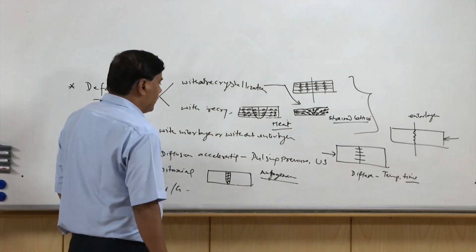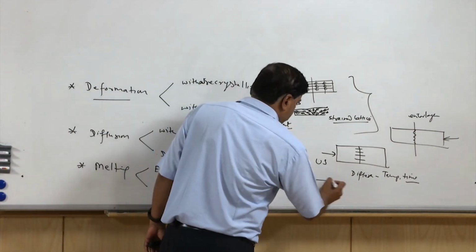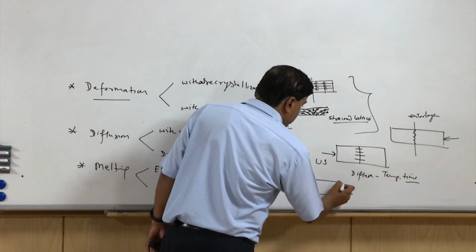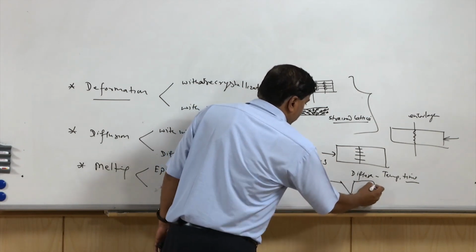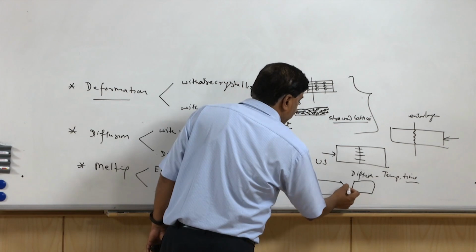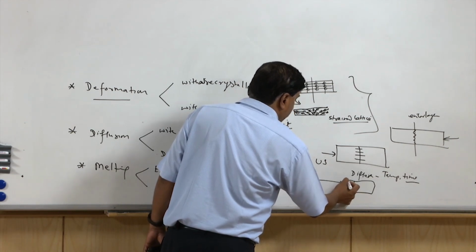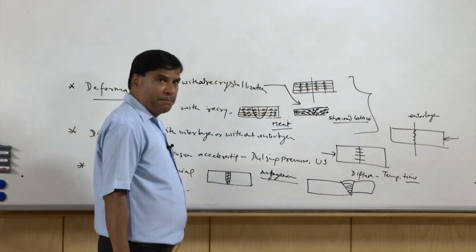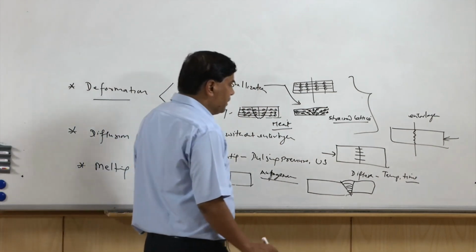And when greater thicknesses are to be joined, then a groove is usually made, and the groove is filled using a filler. Filler may be of the same composition as that of the base metal or of a different metal.